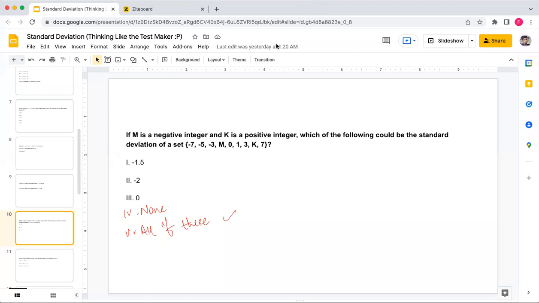Number 1 only. Okay. Standard deviation cannot be negative, yeah? Yes. I'm just amazed how anyone is saying minus 1.5. Oh, 1 and 2, minus 1 and 2. Yeah.